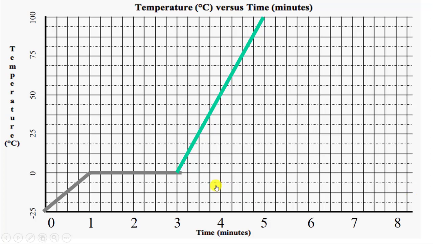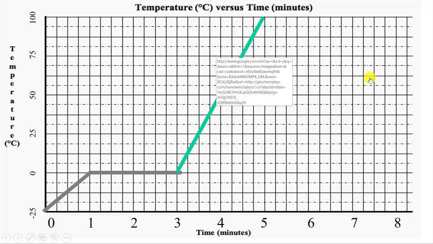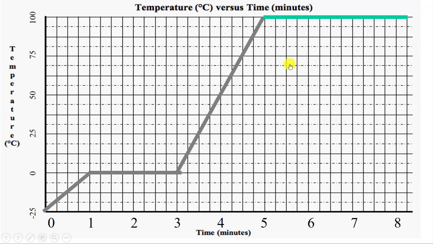Then after all of the solid ice melts, it's now liquid water. So now the temperature shoots up. We start seeing bubbles. We start seeing steam. The temperature plateaus again. And we get the phase change from liquid water to gas water.